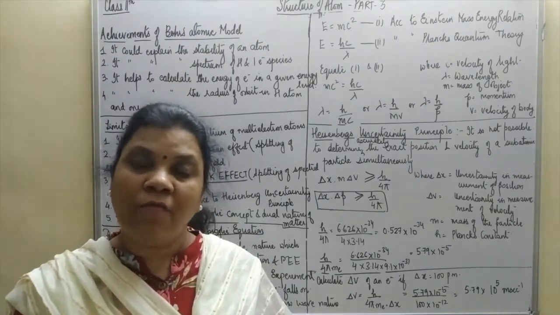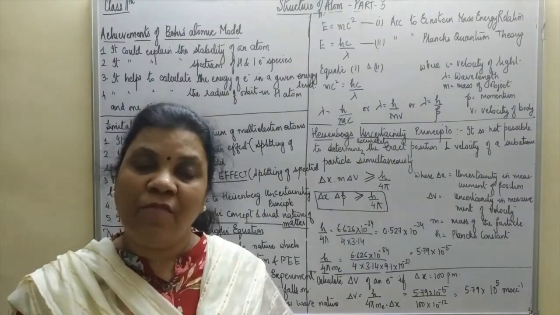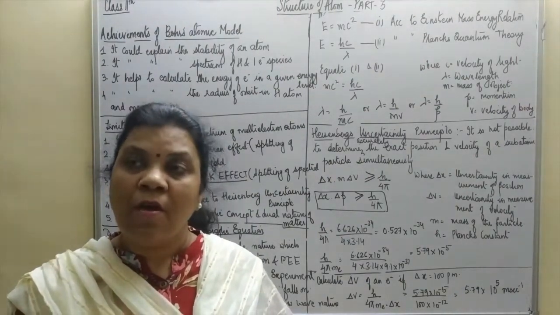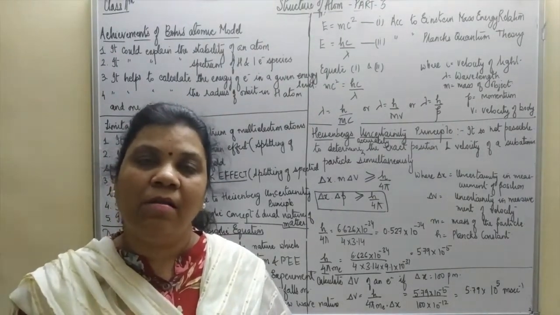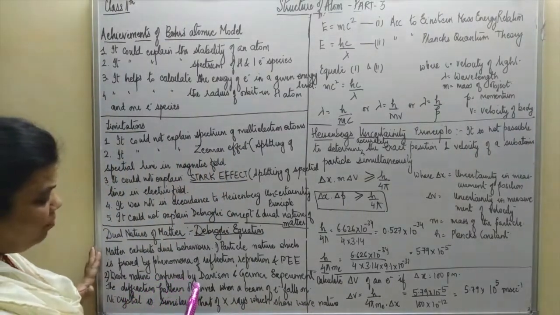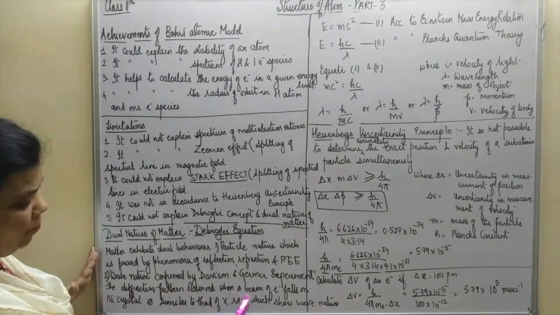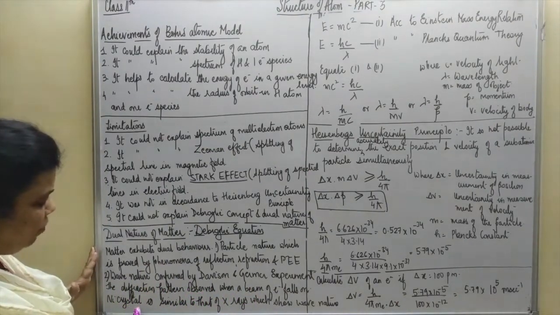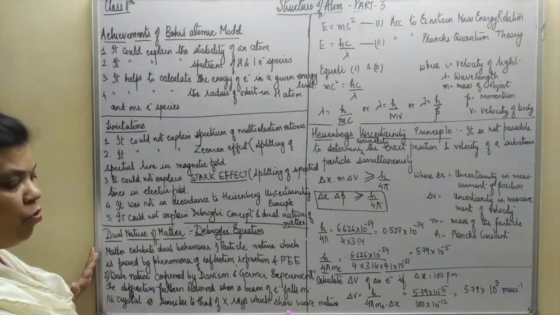So this dot produced on the zinc sulfide screen as a result of the ejection of photoelectrons could easily be explained by the particle nature of matter. Wave nature was confirmed by the Davisson and Germer experiment. The diffraction pattern observed when a beam of electrons falls on a nickel crystal is similar to that of X-rays, which shows wave nature.